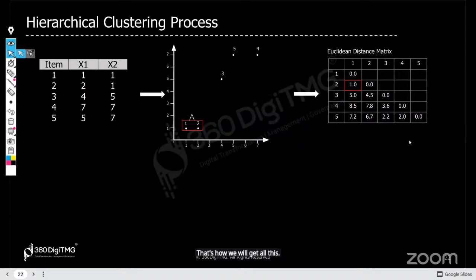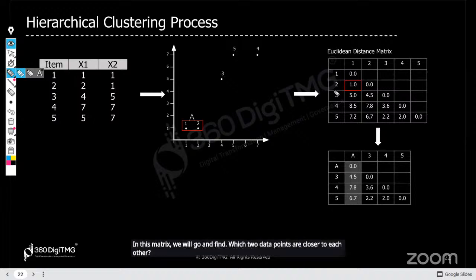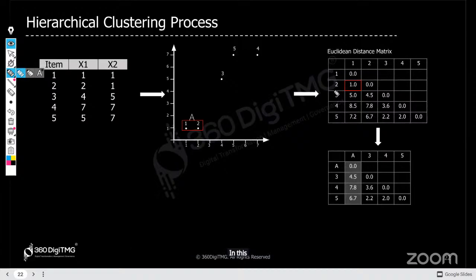Once we have calculated it, in this matrix we will find which two data points are closer to each other.